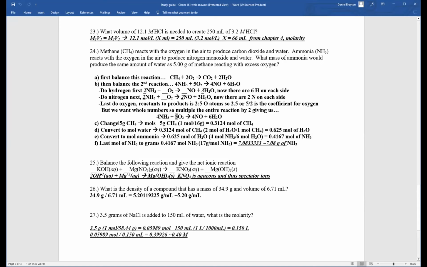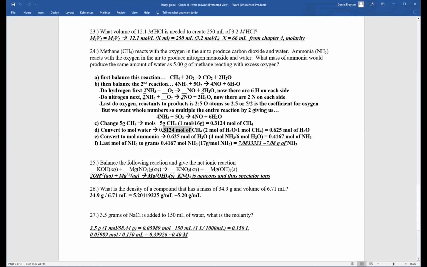So first, with 5 grams, we want to get into the number of moles. Now we have the number of moles, we want to get into the water. From the balanced equation up here, the mole to mole ratio, methane to water, is 1 to 2.